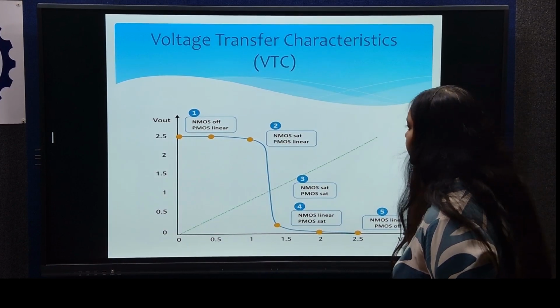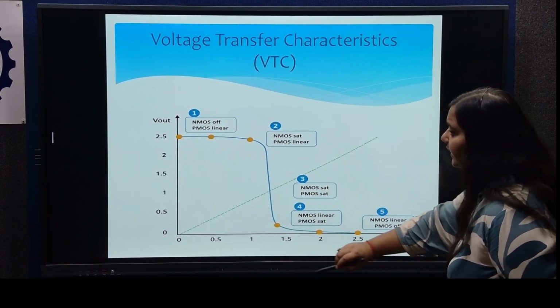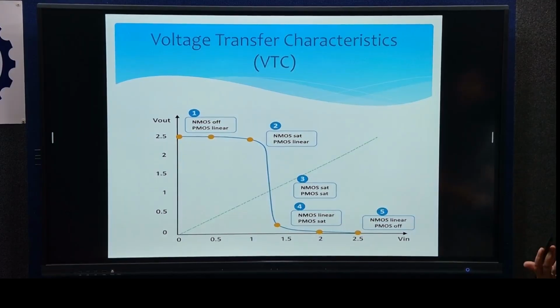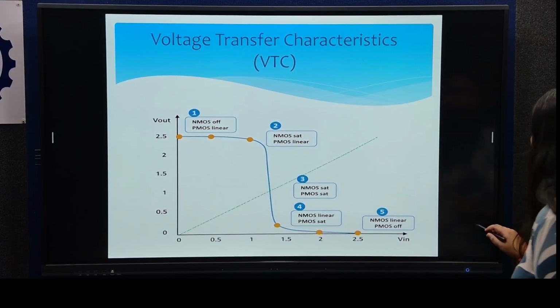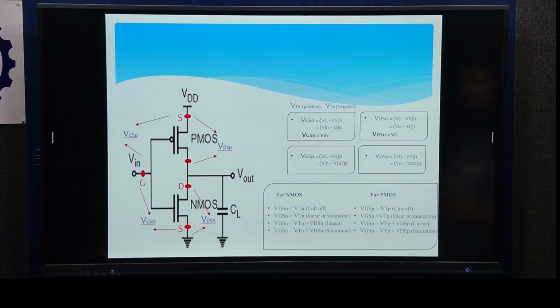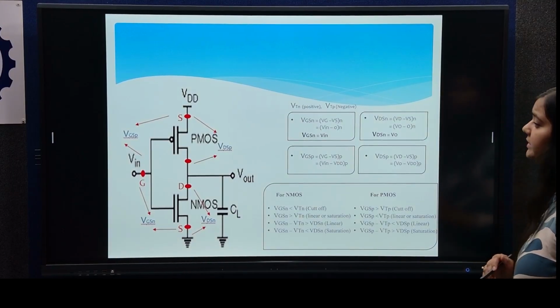So, if input is 0, we will get the maximum output. And when input is 0, NMOS will be in off region and PMOS will be in on region. And PMOS is in linear region.